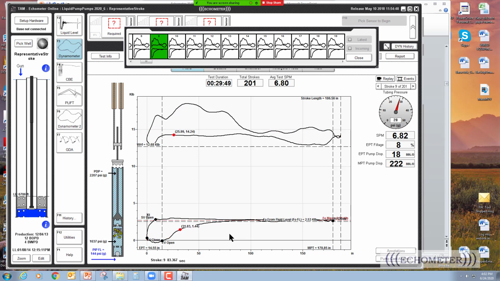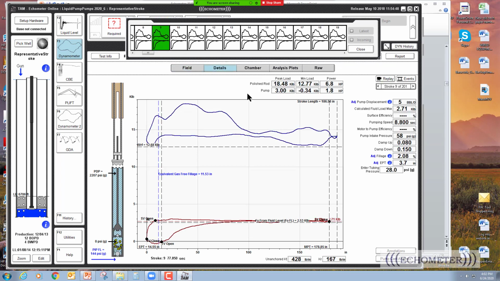That meant that if they run 24 hours a day, then this is the stroke that's running, probably cutting all kinds of holes in their tubing because of gas compression. But this is a stroke that tends to make a match on 16 barrels a day. If we go over to the details tab, well, that's 5 barrels.